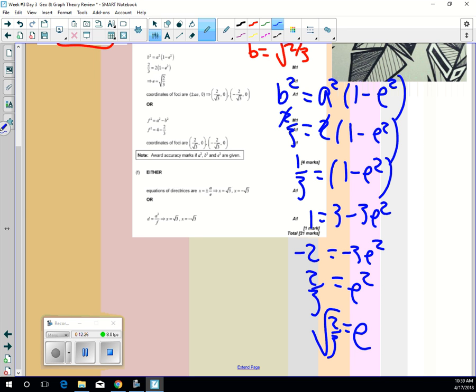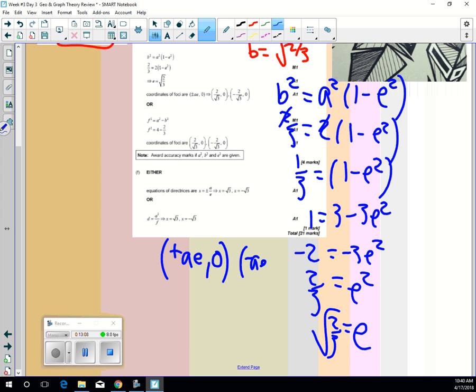Did they say plus or minus? It just is that. Square root of 2 over 3. I think so. Because what you're going to do is you're going to add and subtract that. So they have the focal point is plus or minus AE comma 0 because it's the x-axis.